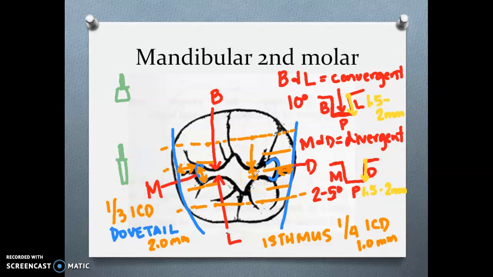Okay. Then, we go to the buccal extension. So you have here the buccal extension and the lingual extension. Okay. So if your isthmus is around 1 millimeter, your buccal extension from here will also be 1 millimeter.